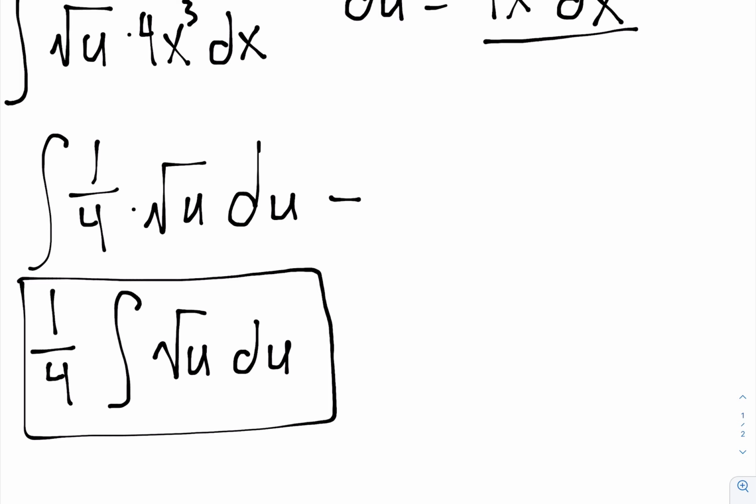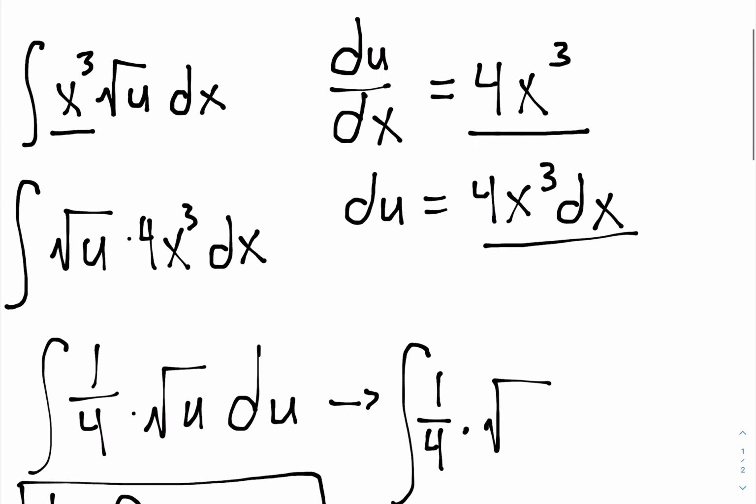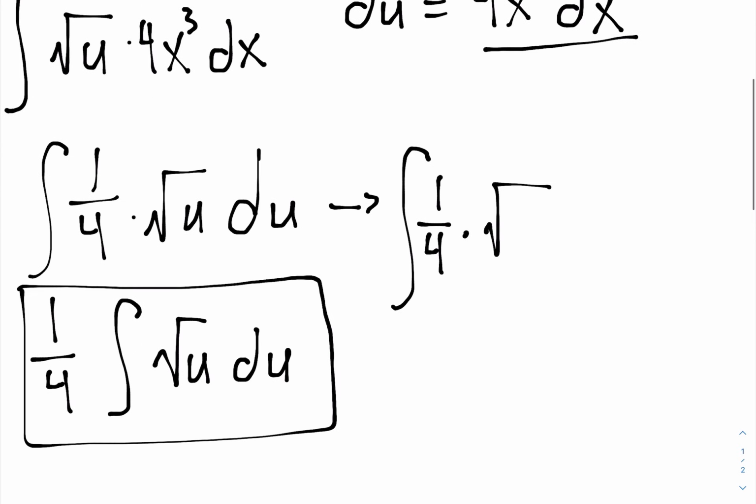Because if we write this in terms of x, this is going to be 1/4 times the square root of x to the fourth plus 3, right?